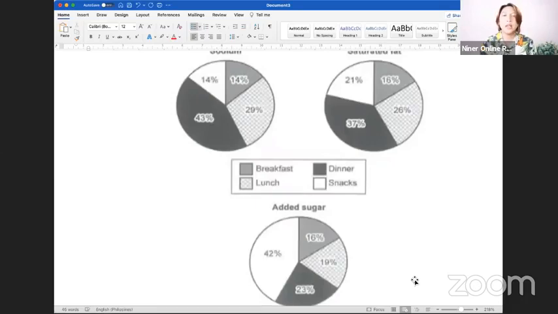All right, okay. So the greatest proportion or the greatest percentage of consumption of unhealthy nutrients is contributed by dinner, right? Yes, highest consumption, right?